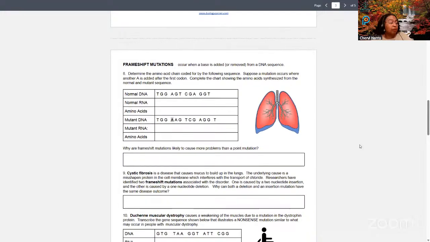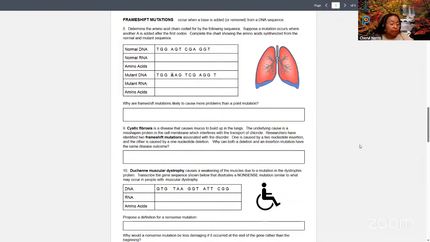I'm going to let y'all work on this, but I'm going to explain what we're doing here. We have a different type of mutation now, frame shift. Right now we've inserted a nucleotide. Each of these is a nucleotide. You want to look at the triplets, create an RNA strand, and then find the amino acid.